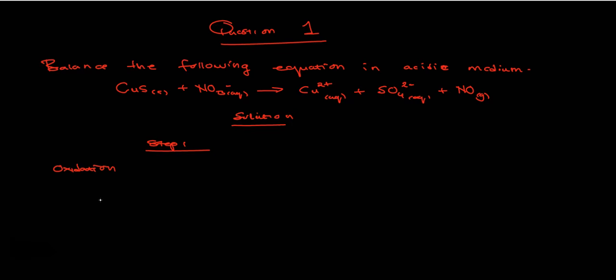Step 1, we're going to split this into half reactions. So the oxidation half reaction. Without wasting much time, I can say that this is related to copper and sulfates. You see that the sulfur has been oxidized from -2 to +6, based on an oxidation reaction.